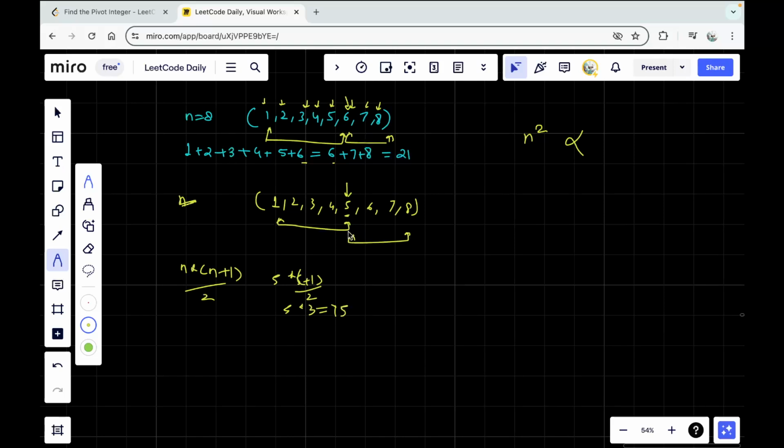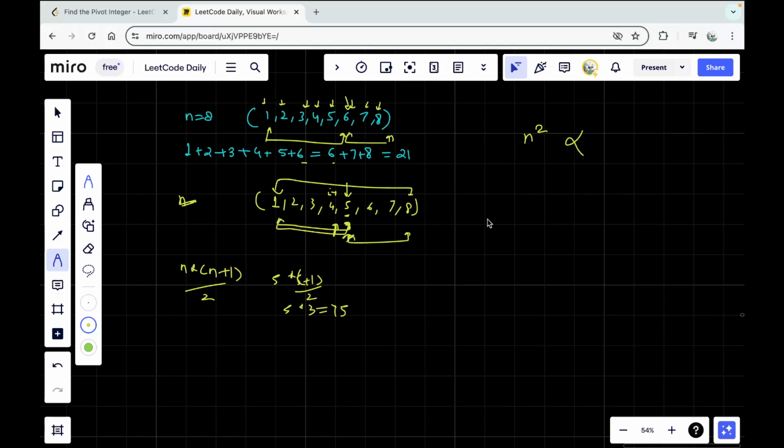Now you want to calculate from 5 to 8 what will be the sum. Here you can sum up all the numbers from 1 to n, and simply subtract the sum of the numbers up to 4, which is I minus 1, because you have to consider 5 inclusively.